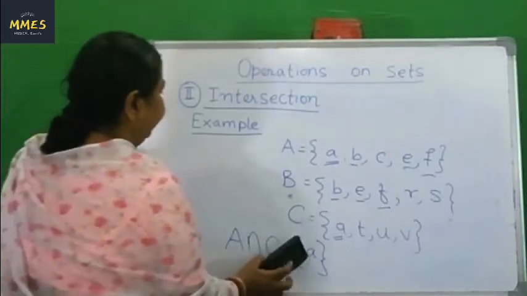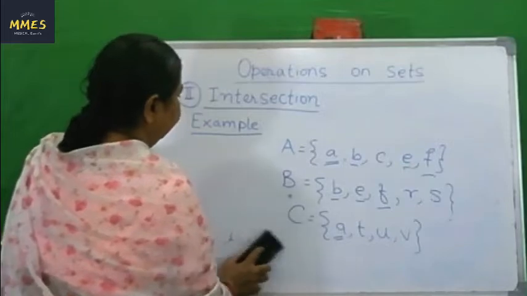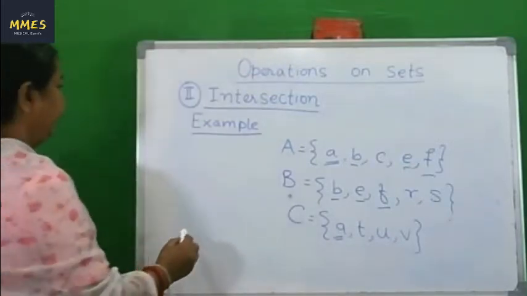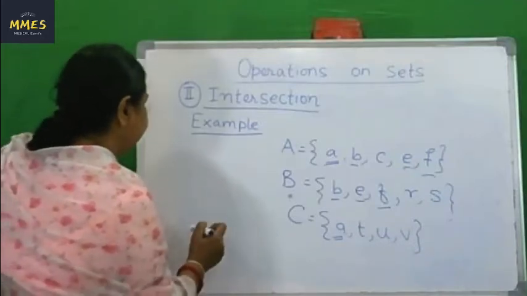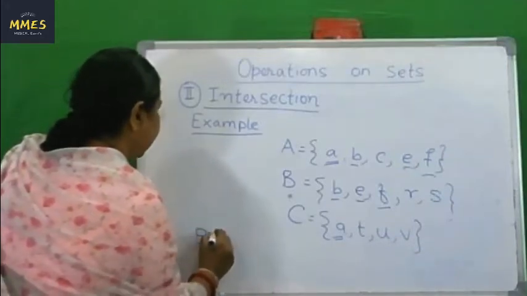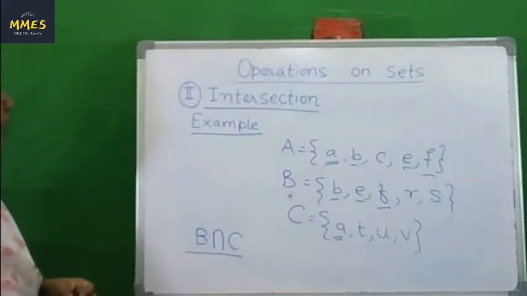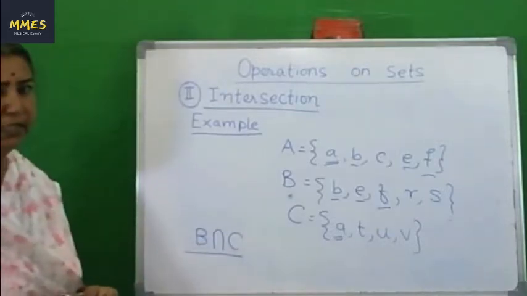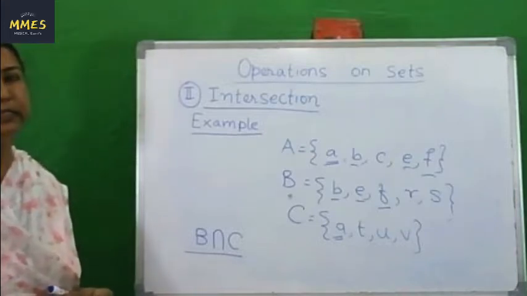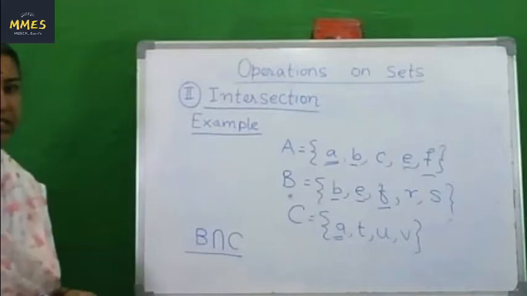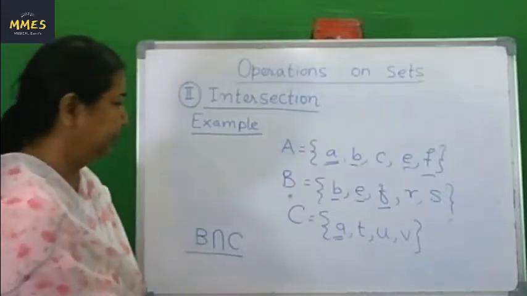Now we take the example of B intersection C. Now B intersection C, all the elements are different. That is, there is no element that belongs to both B and C. So B intersection C is an empty set.